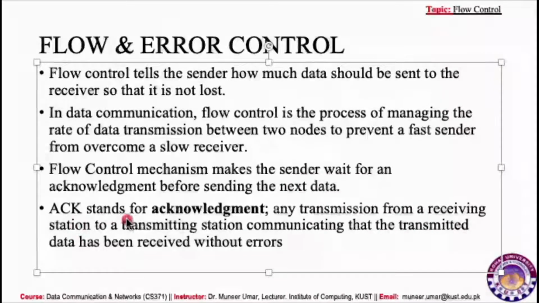ACK stands for acknowledgement, so in this lecture we will use ACK instead of acknowledgement. It is any transmission from a receiving station to the transmitting station communicating that the transmitted data has been received without any error.